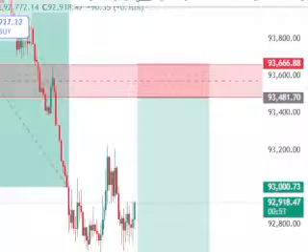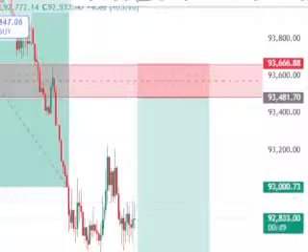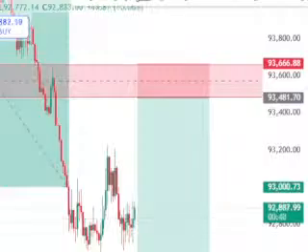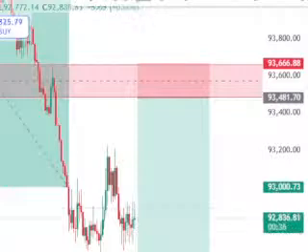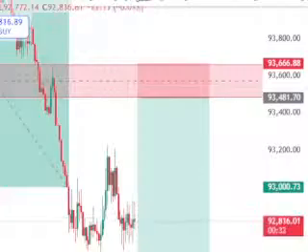Now, when you buy EURUSD, you expect the price of euro to rise. So you buy euro, which is the base currency, and you sell USD, which is the quote currency. Now, if the euro strengthens against the US dollar, which means the euro goes up, right? Guess what? You make money.